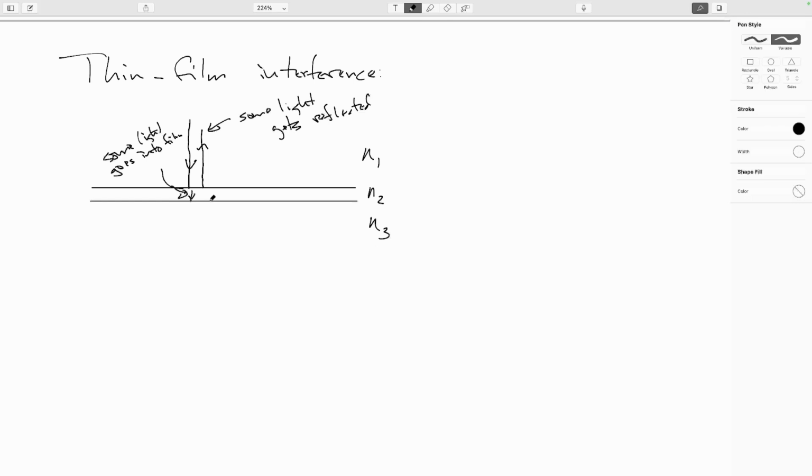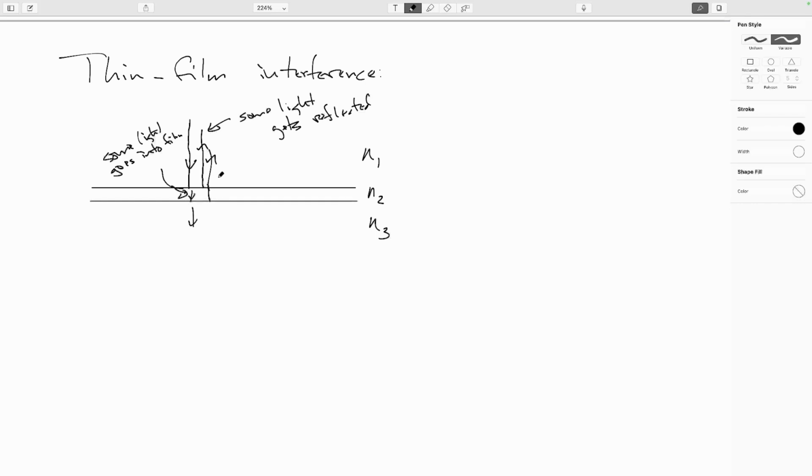Some of that light will get reflected, and some of that will get transmitted. Now, the light that got reflected off of this surface, that's this bit here, and the light that got reflected off that lower surface, that's this bit here, these two bits of light are going to interfere with each other.